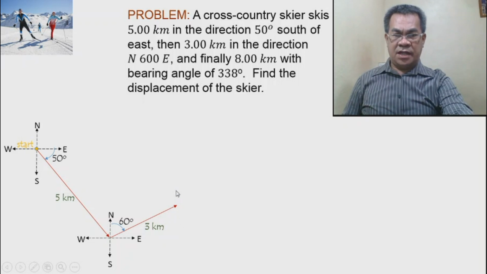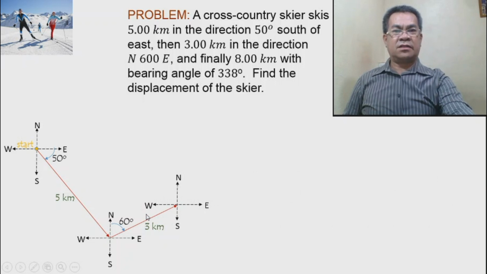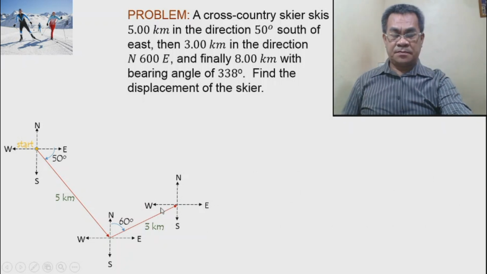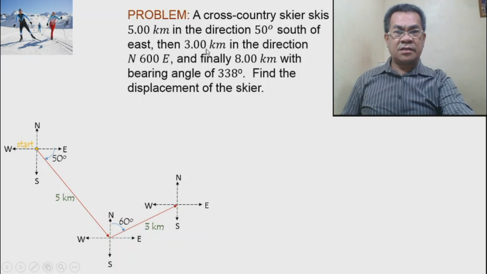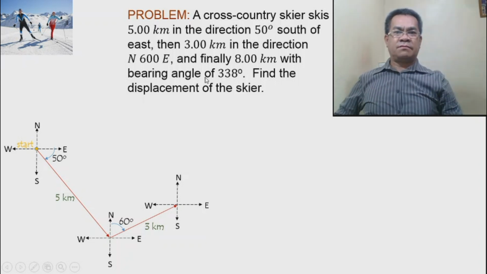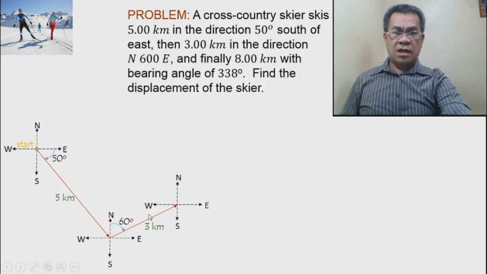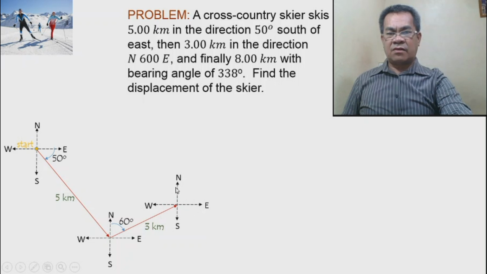Next, you are now in the third position, so construct again the north-south axis. This is the final travel, 8 kilometers with a bearing angle. What is the meaning of bearing? The bearing angle is measured from the north, moving in a clockwise direction.